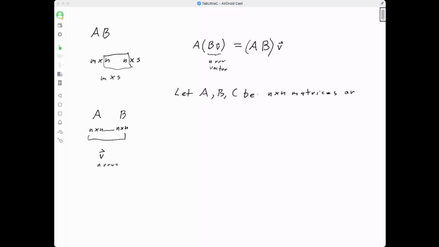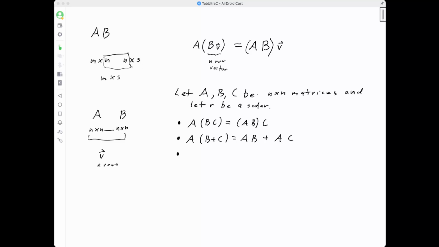And let R be a scalar. Then the following are all true. The matrix A times B times C is equal to the matrix A times B, times the matrix C. Second, the matrix A times B plus C is equal to the matrix AB plus the matrix AC.